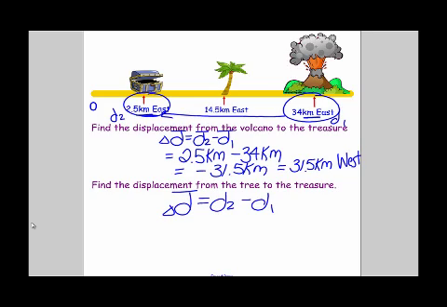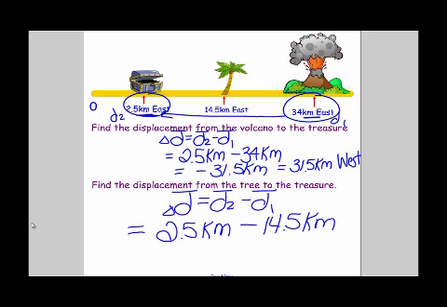In this second one, I'm going from the tree to the treasure, so I'm ending at the treasure at 2.5. That's my D2, 2.5 kilometers. I started at the tree, 14.5 kilometers. If I take 2.5 and subtract 14.5, that's going to give me an answer of negative 12 kilometers.